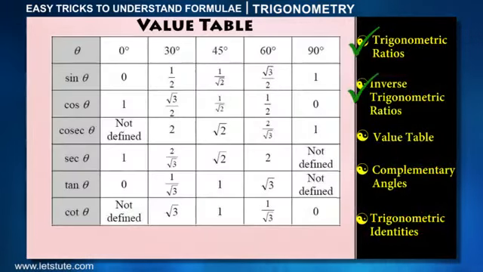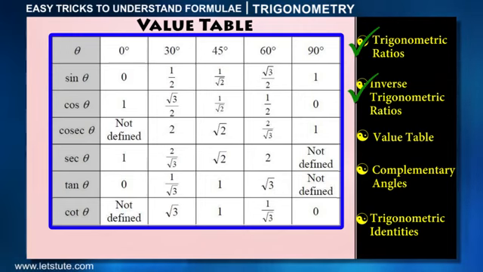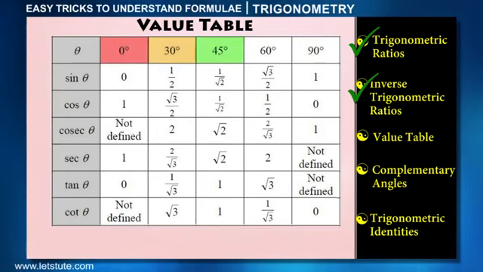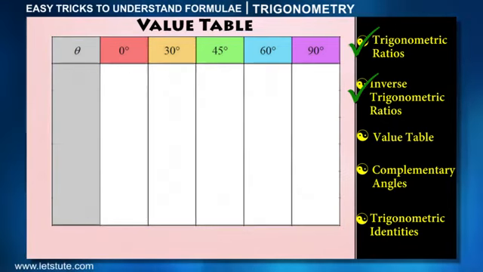So we are going to see a small trick to remember this value table for standard angles 0, 30, 45, 60 and 90 degrees. These values are very important and we often use them in solving trigonometric questions. So to build this entire table, we first write down the numbers from 0 to 4 below these angles.